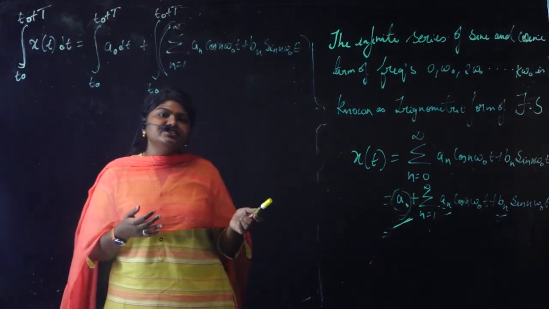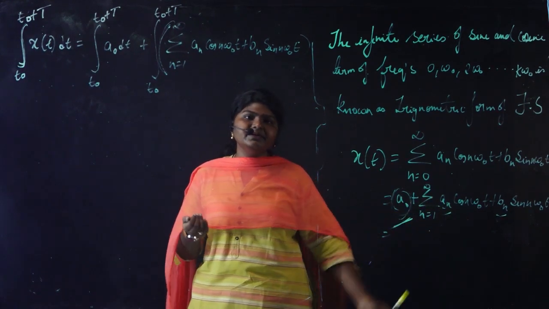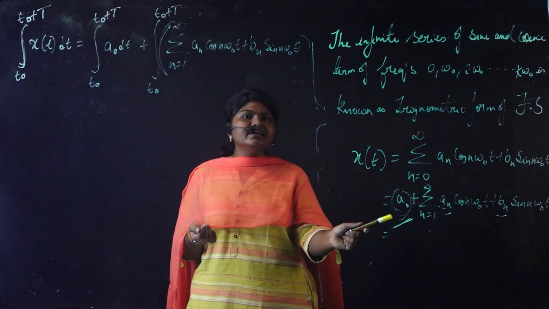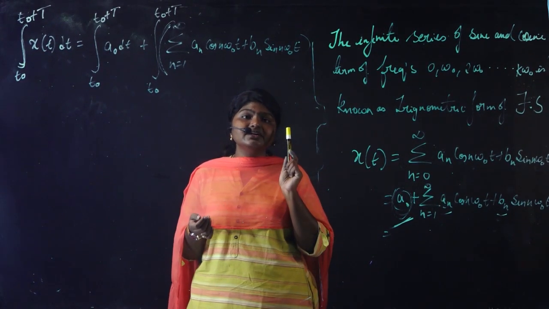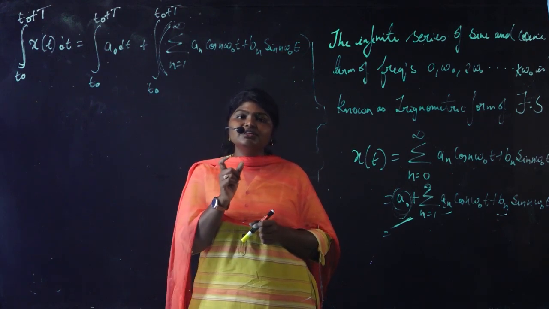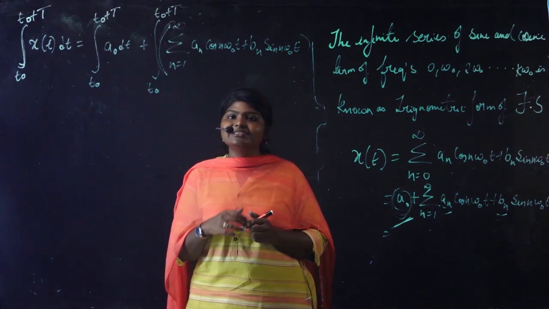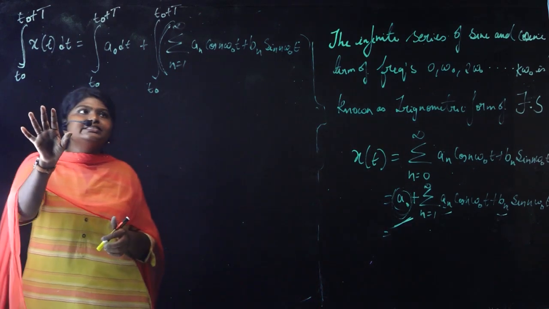From the expression, we will try to evaluate the terms a₀, aₙ and bₙ. In order to determine a₀, you have to integrate x(t) over the period t₀ to t₀ + T, where the arbitrary time is t₀. So we will see how it is done.